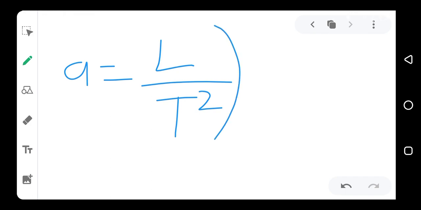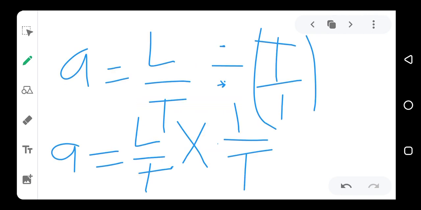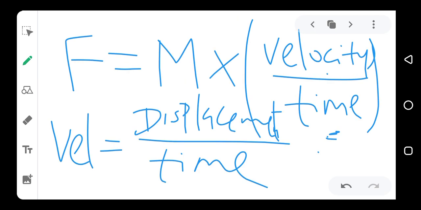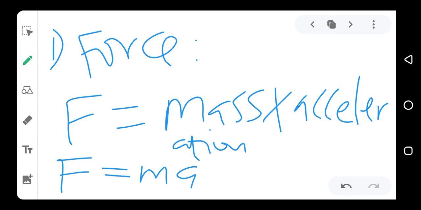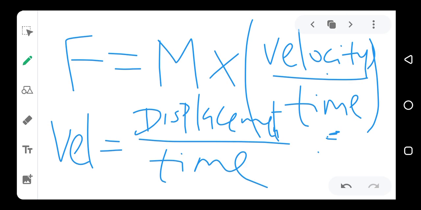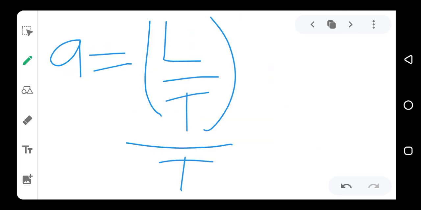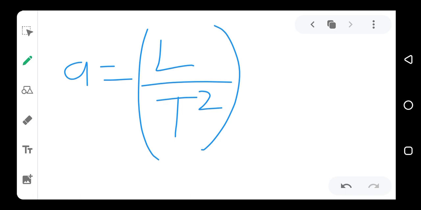So we carry this L over t squared and replace acceleration in the formula for force. Mass times acceleration. So we use m to represent mass, and then the dimension for acceleration which we've gotten, we use it to replace a.